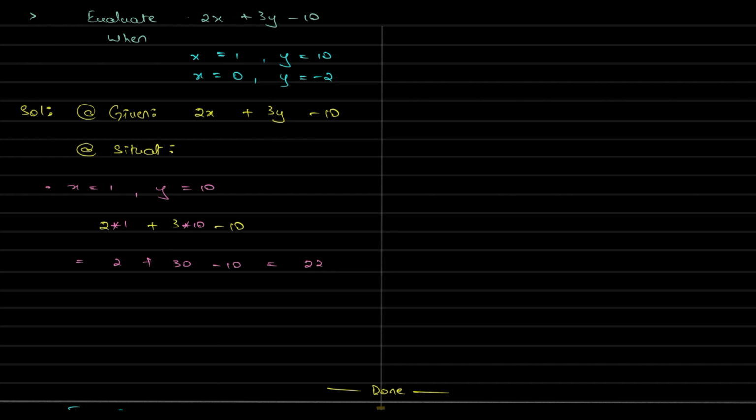Right? Next, we are looking at one more situation where x is 0 and y is -2. Here again, all I'm doing is substituting. In place of x, I'm substituting 0, and I wrote a multiplication symbol. Here too, I need to write a multiplication symbol and -2.